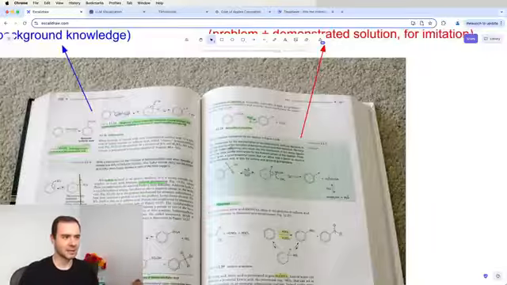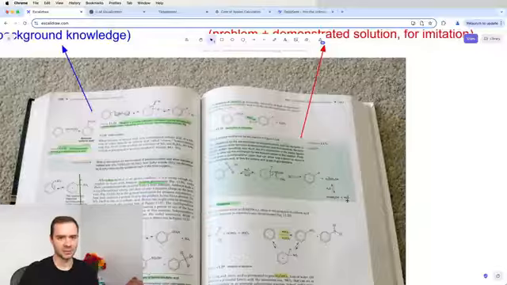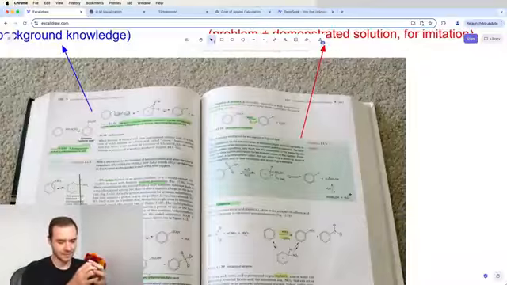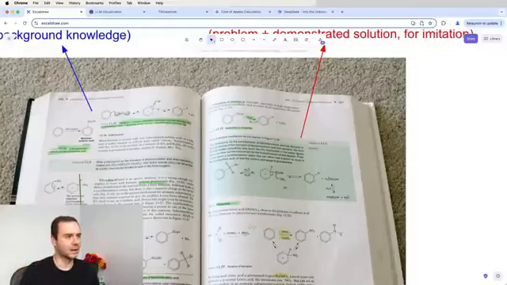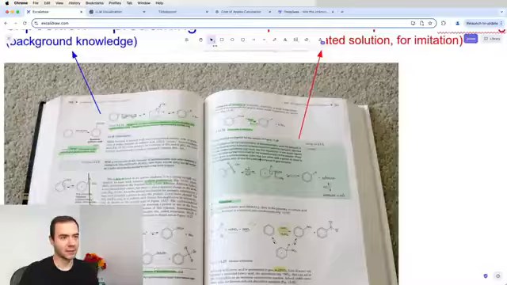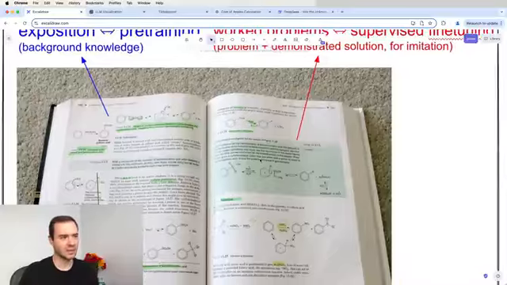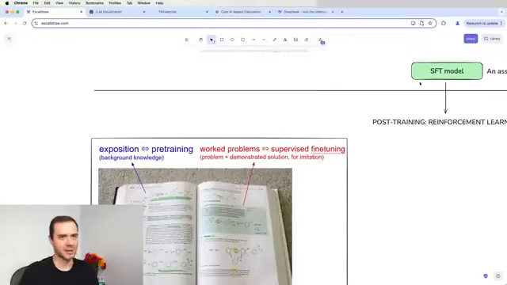So the expert is showing us how to solve the problem in its full form. As we are reading the solution, we are basically training on the expert data, and then later we can try to imitate the expert. Roughly, that corresponds to having the SFT model. That's what it would be doing.